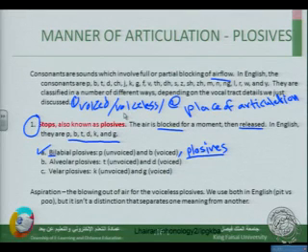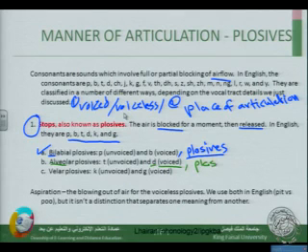Then we have alveolar, like T and D. T, T, T: there is no vibration. So T is alveolar, located at the alveolar ridge. The place of articulation is the alveolar ridge. T is unvoiced, while D, D, D is voiced.